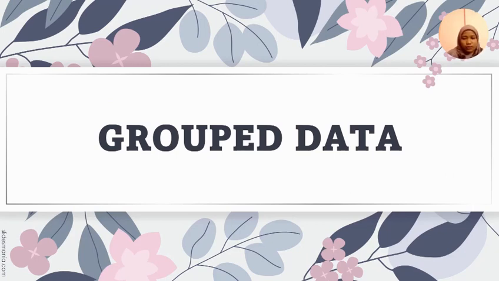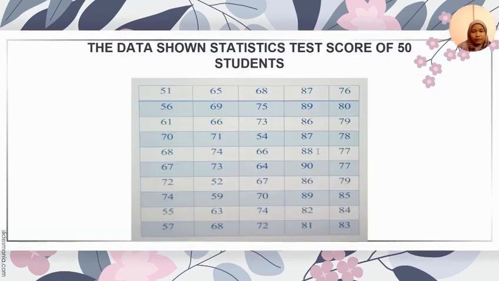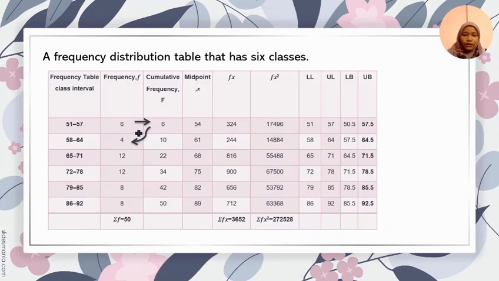Assalamualaikum warahmatullahi wabarakatuh. My name is Rabiata Adawiyah binti Cik Anwar. I will explain my part, which is the grouped data. Okay, this is the statistics test score data of 50 students. For the grouped data, firstly, you need to classify the data into 6 classes.